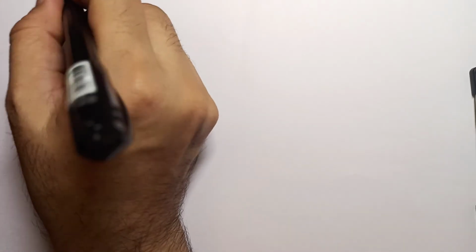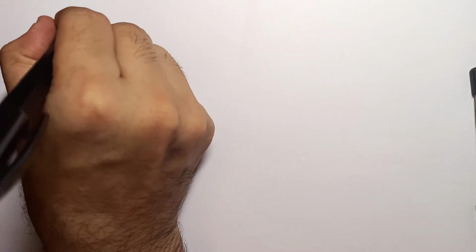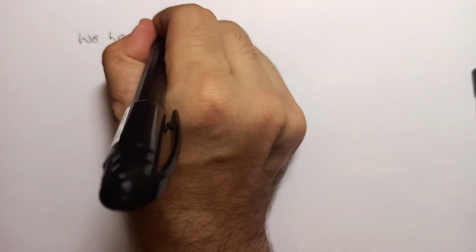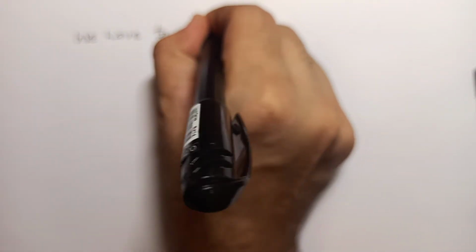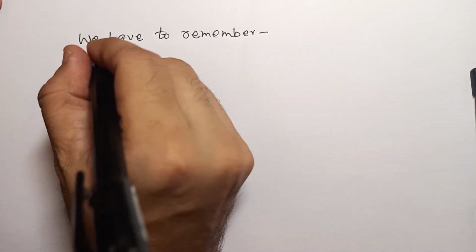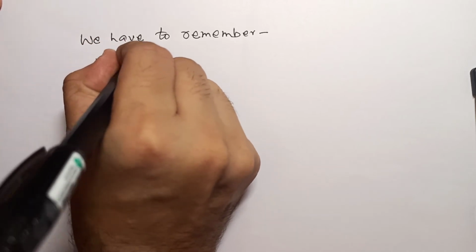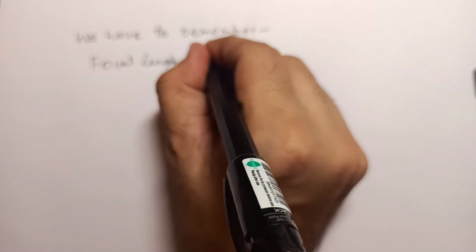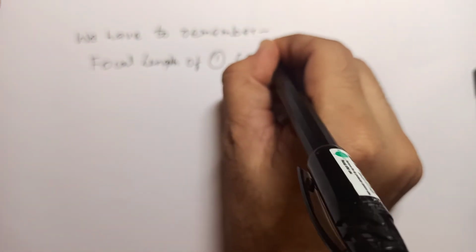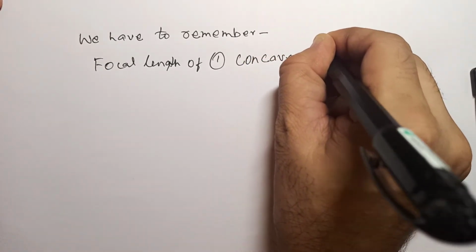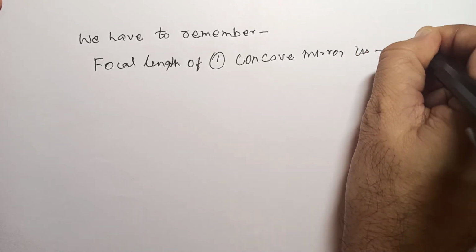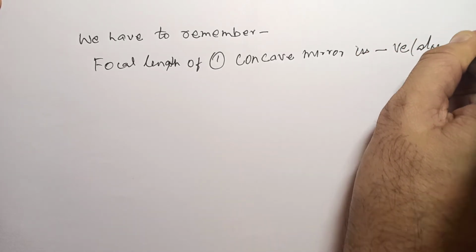Now couple of sign conventions. So we have to remember focal length of concave mirror is negative always.